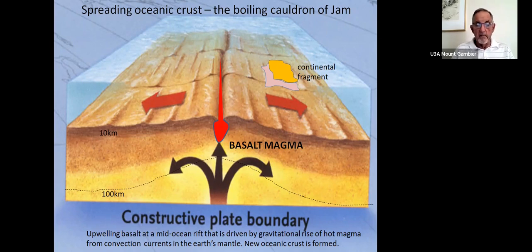So we have upwelling of basalt at the mid-ocean rift that's driven by gravitational rise of hot magma from convection currents in the Earth's mantle. And as a result of this, a new oceanic crust is formed.